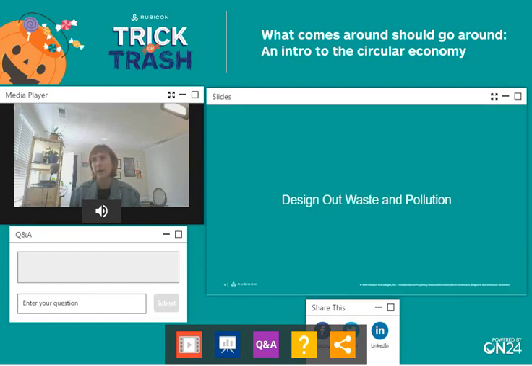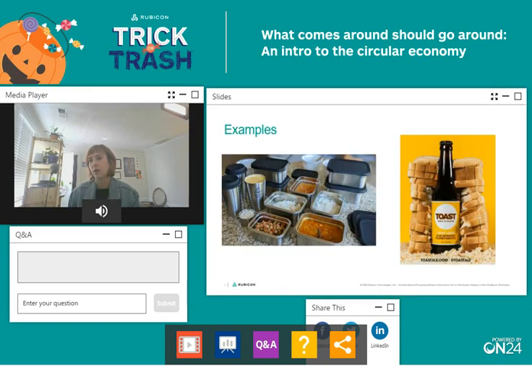But just to return back to those three principles underlying the circular economy, I'll go through a few examples of organizations and companies that are doing activities that are good examples of these principles. So first, starting out again with designing out waste and pollution. One really good example is designing a product or a system in a way that eliminates waste.